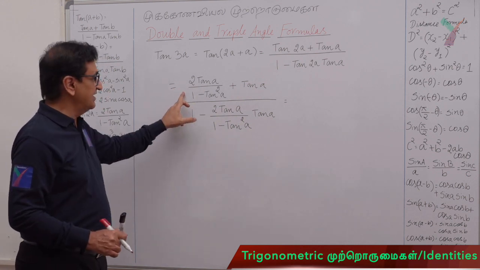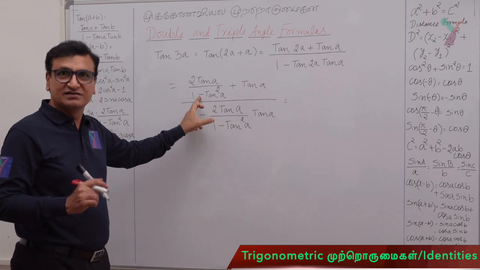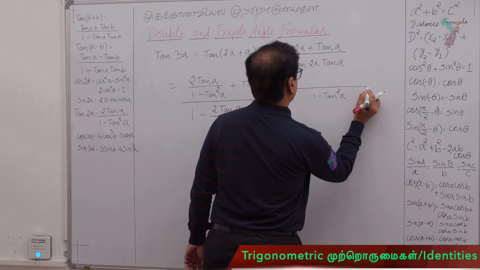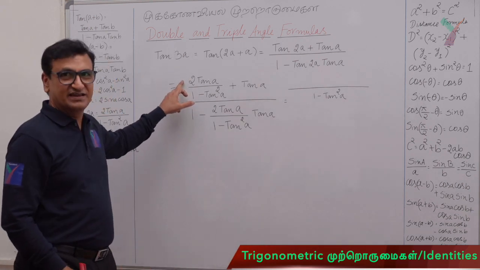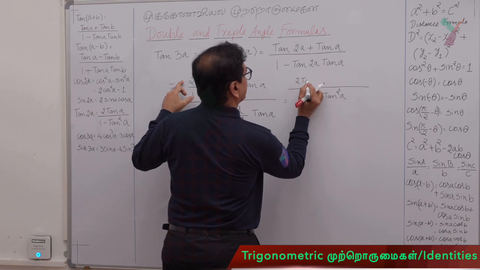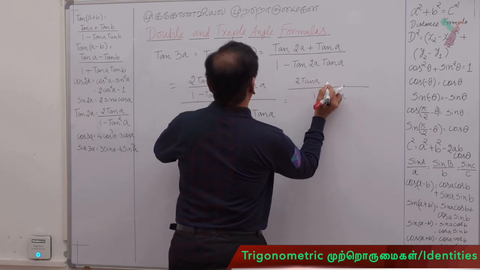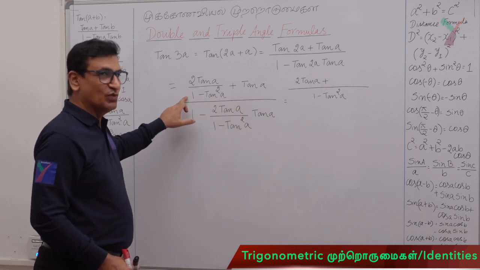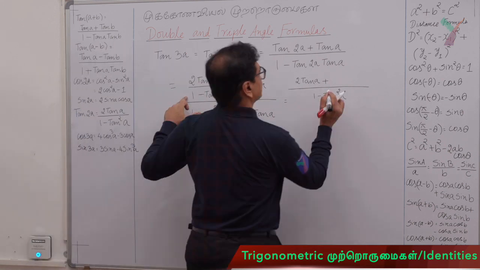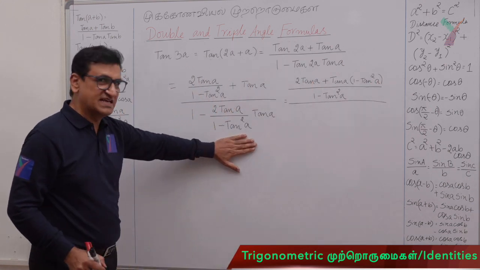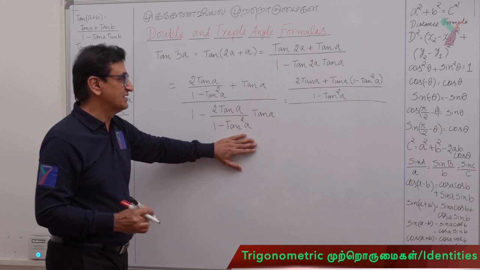In the numerator நம்ம 1 minus tan square A common denominator எடுக்கலாமா? Then we have 2 tan A here, plus tan A multiplied by 1 minus tan square A. இங்கேயும் 1 minus tan square A common denominator எடுக்கலாமா?